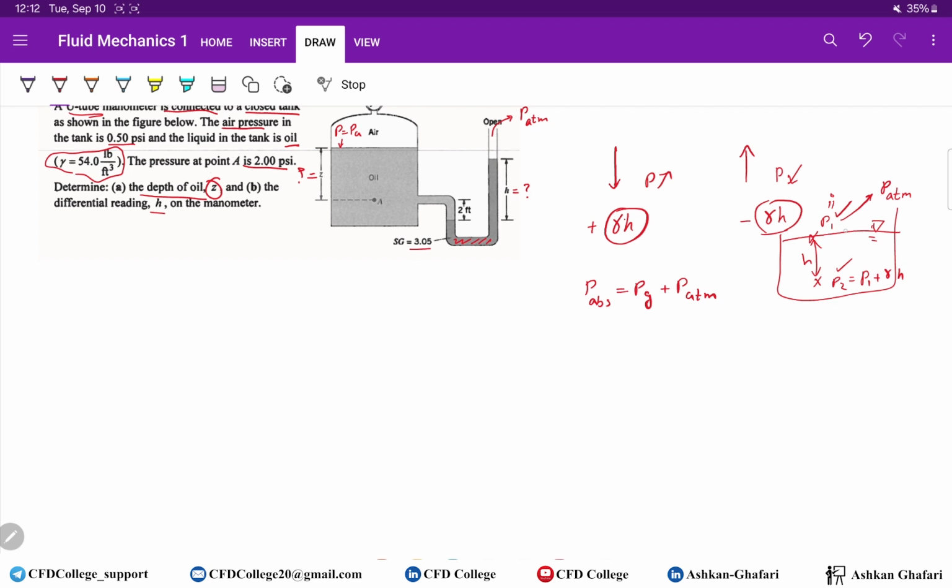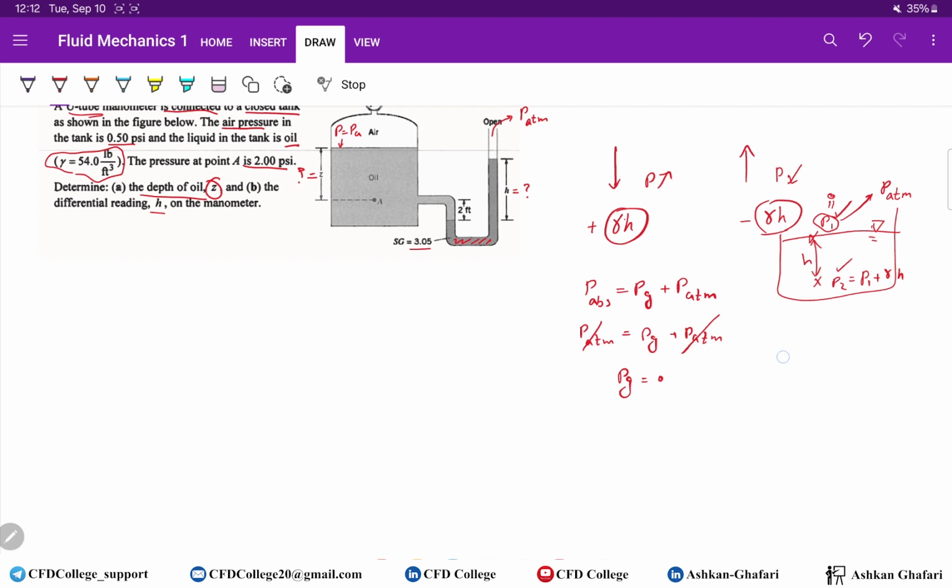So on the free surface of a liquid in an open tank, we have atmospheric pressure. So PATM equals PG plus PATM, so PG, the gauge pressure, equals 0. That's why P1 equals 0.